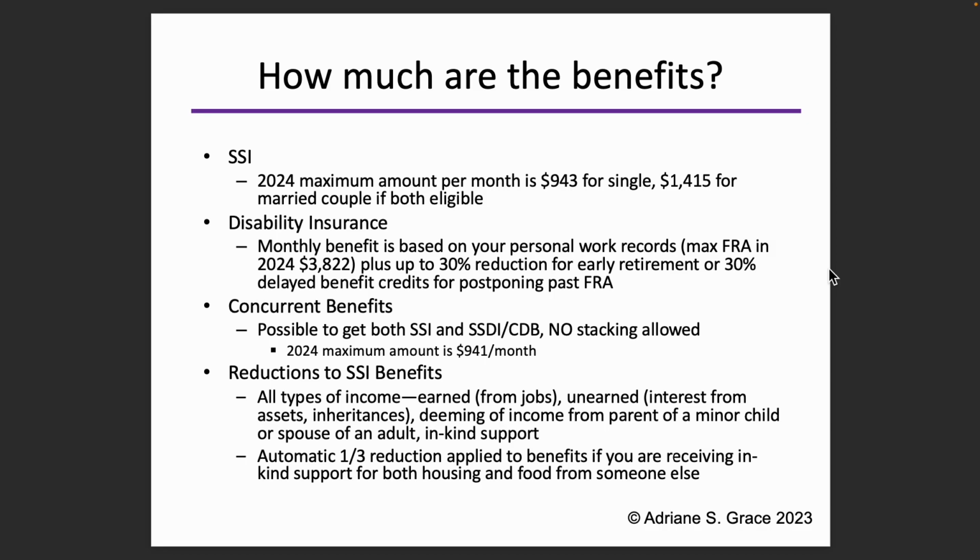So when Social Security sees that someone receiving SSI is getting housing and food assistance, they're like, oh, wait a minute here. Looks like you don't need so much of our help, so we're gonna slash your benefits. Now, there's a workaround to that rule. If you enter into a rental agreement with your adult child, and they're paying their fair share of the rent or of the housing expenses, then you won't be subjected to the 1/3 reduction.